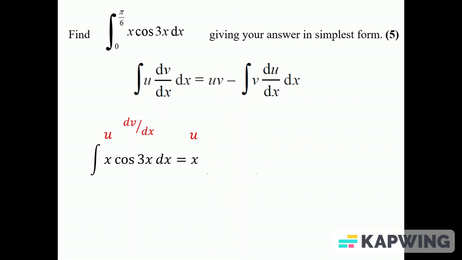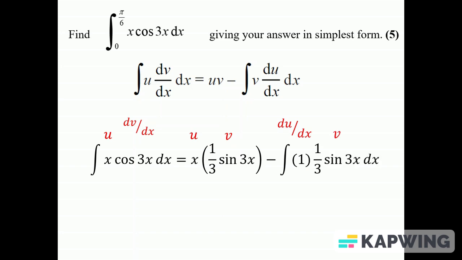So I want u, which is x, times the v. So I need to integrate cos 3x. What do we differentiate to get the cos 3x? Well, sine 3x gives me 3 cos 3x, so I need to stick a third in front to make it just cos 3x. And then minus, well, the du over dx is just 1, that's all right.